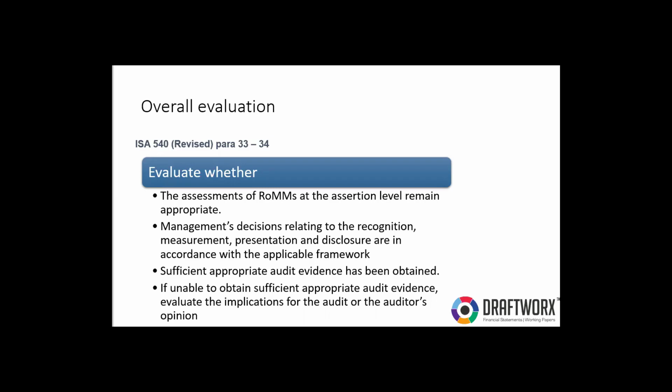Then you need to evaluate what the implications are for the audit, what the implications are for the audit opinion. Does it possibly involve a limitation on scope? Or what is the case here? It might include steps like that if you cannot get enough evidence to support the judgments made.